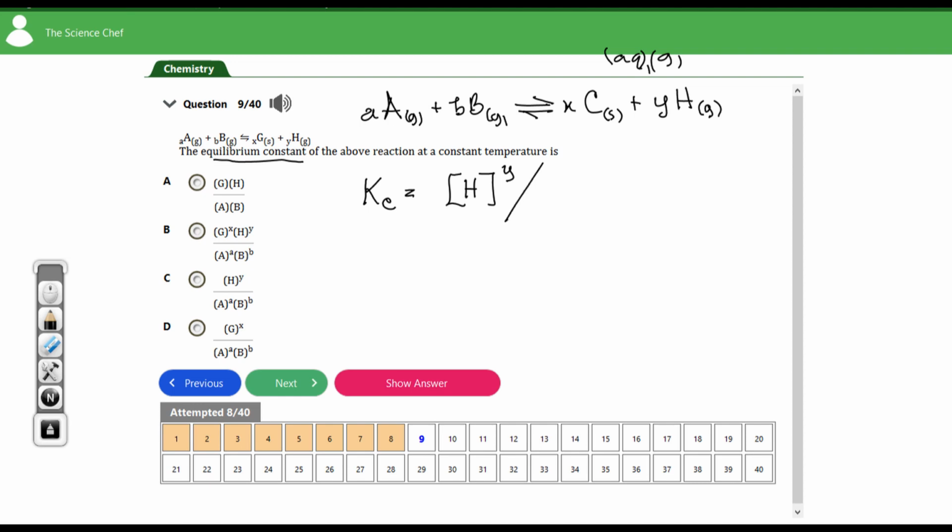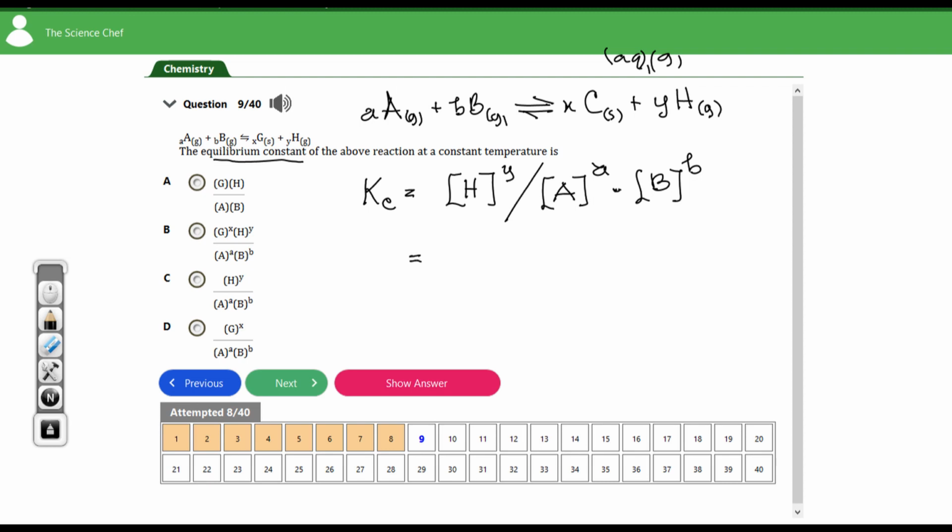Why are we using H? Because H is a gas, right? And we are not using C here. All over the concentration of A raised to power small a times the concentration of gas B raised to power small b, right? We are not including the concentration of C in this expression because C is a solid.